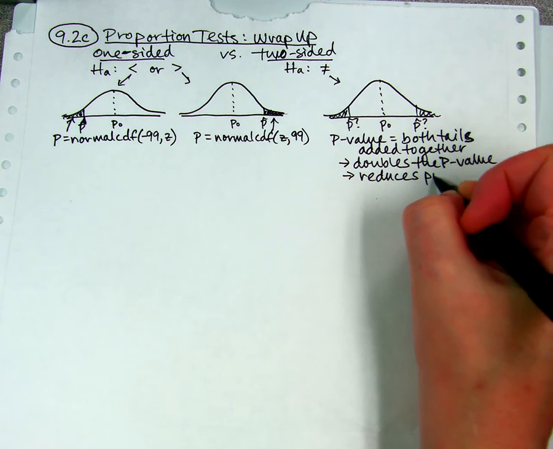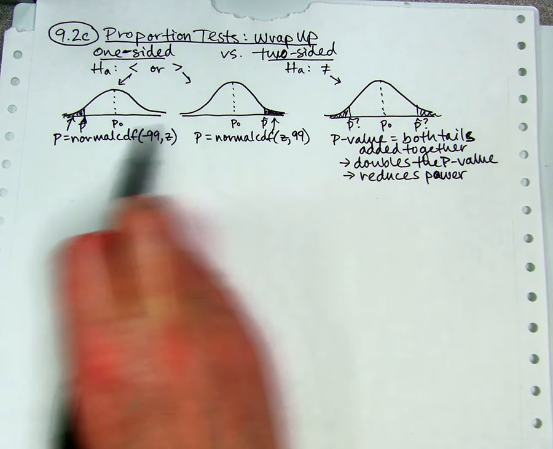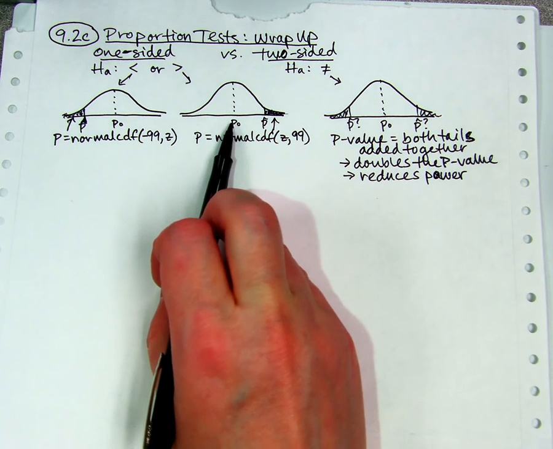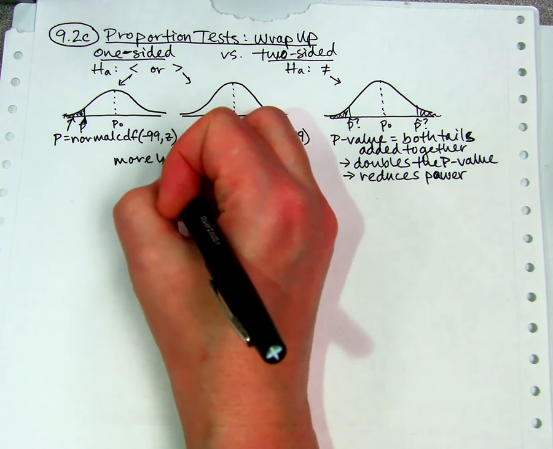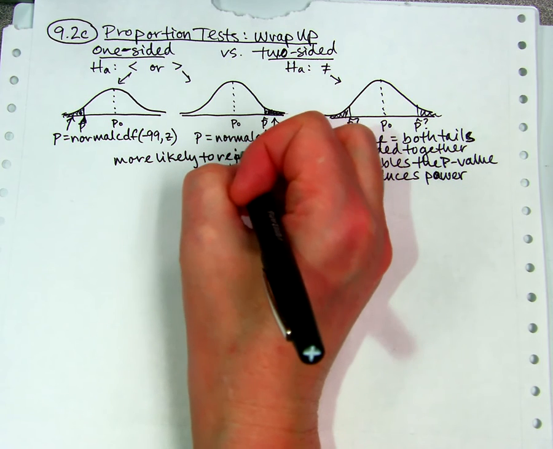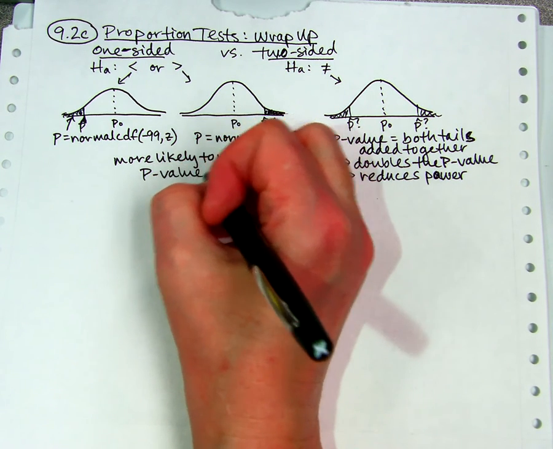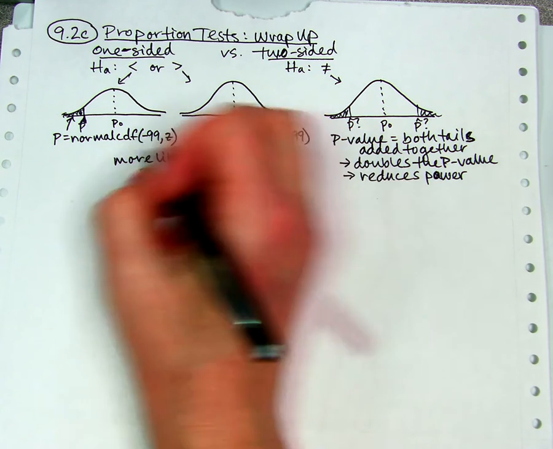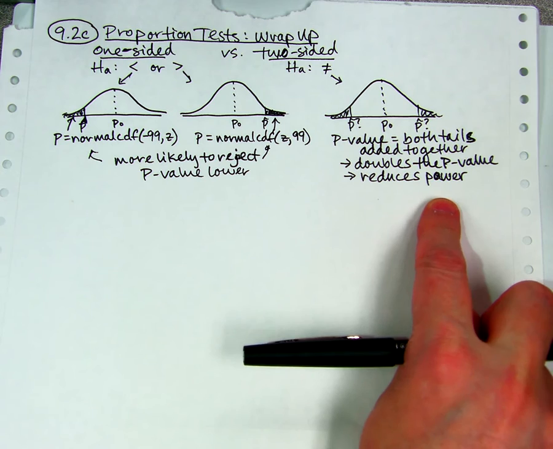So in general, scientists and statisticians try to do one of these whenever they can, because they're more likely to reject. With these kinds you're more likely to reject because the P-value is lower. On these two, you're more likely. This one, you're less likely to reject.